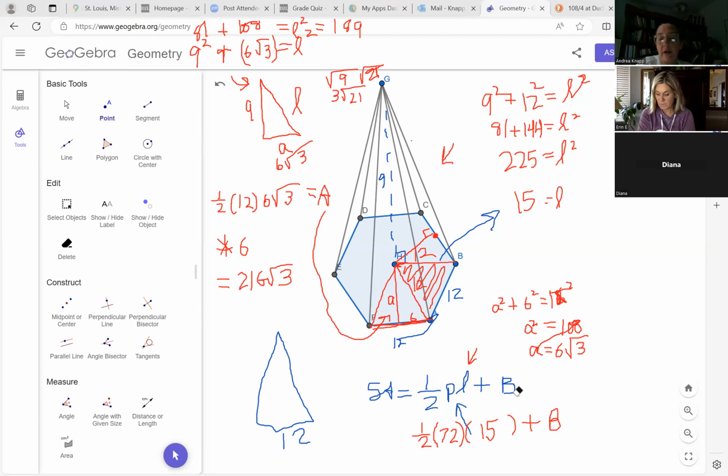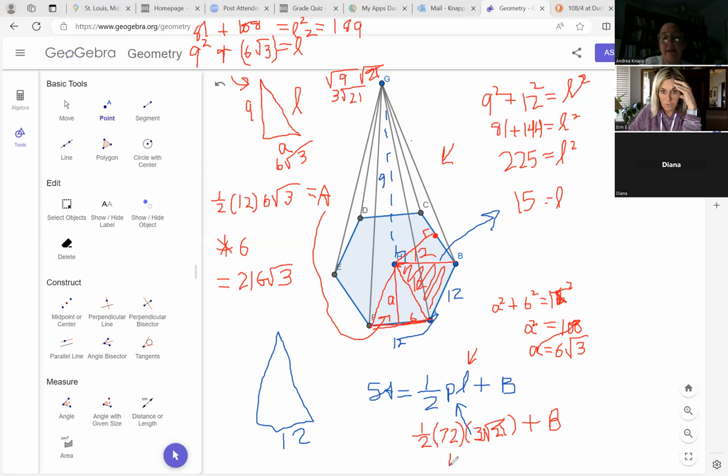Down here in our formula, 3 root 21. And now we can take that times 72 times a half. So 72 divided by 2 is 36 times 3 is 108.